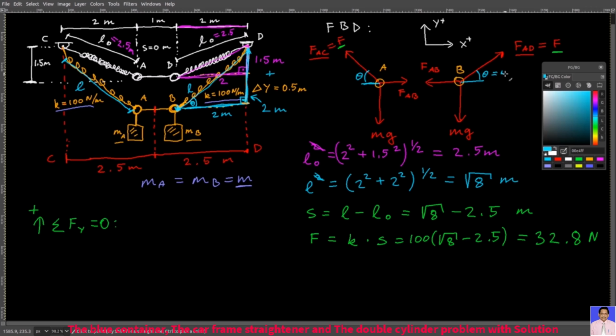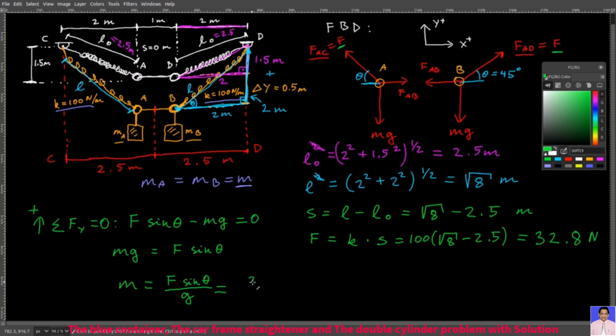And so since you know this angle, you can write F times sine theta minus mg equals 0. And that means that mg equals F times sine theta. In other words, m equals F times sine theta divided by g.